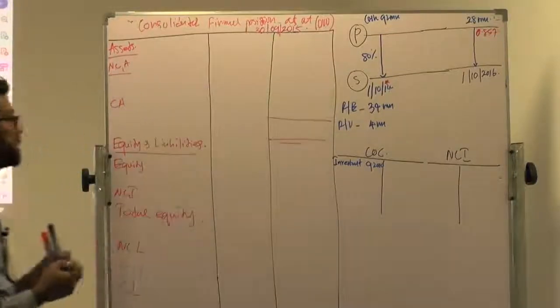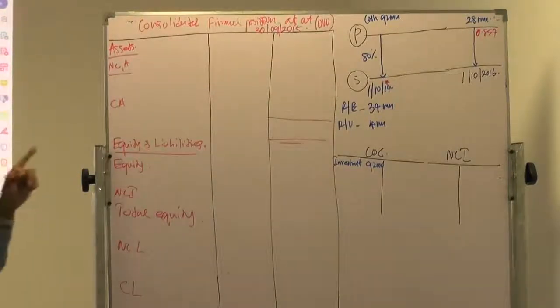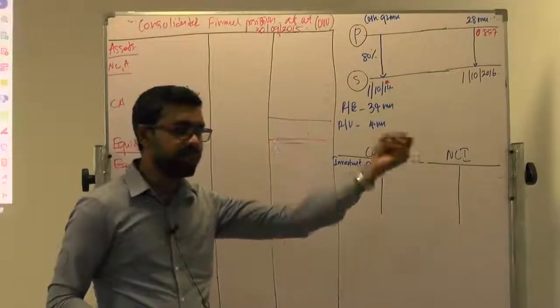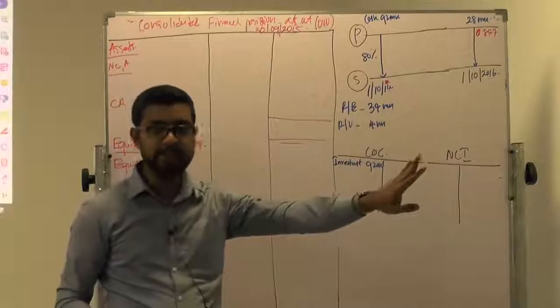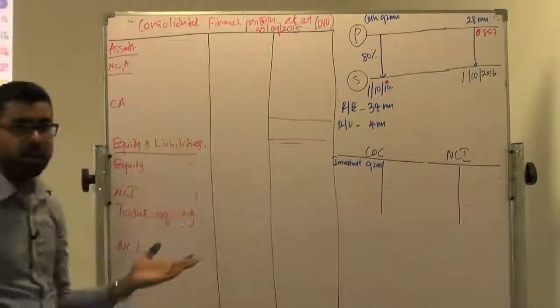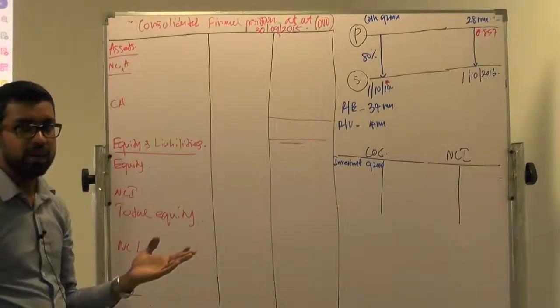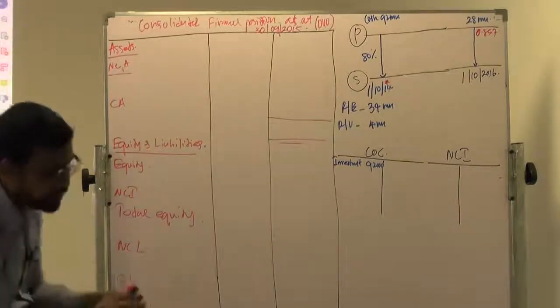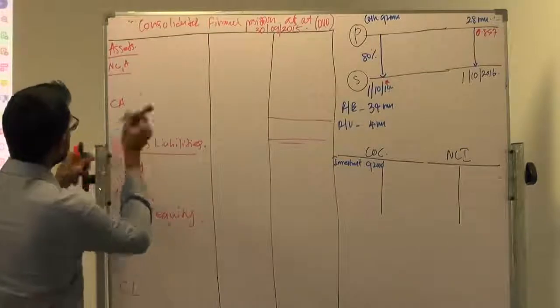Logically, you have taken investment from the parent, credit it, and debit it in your cost of control account.